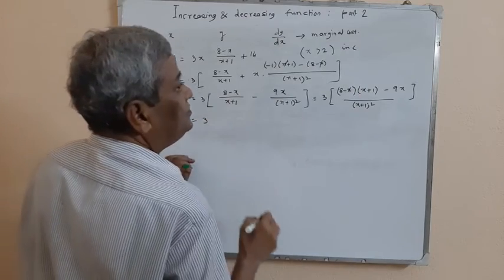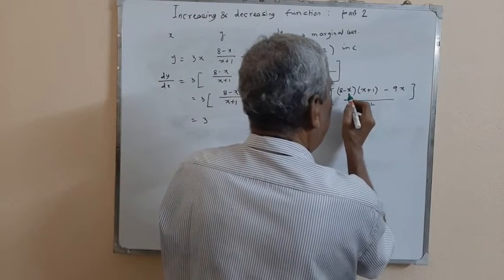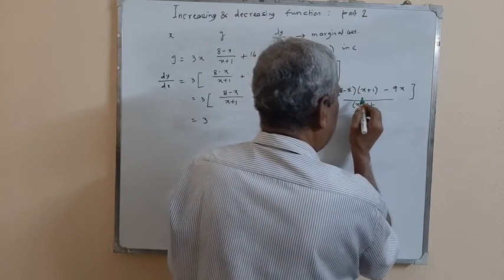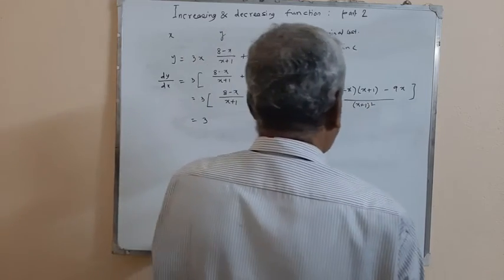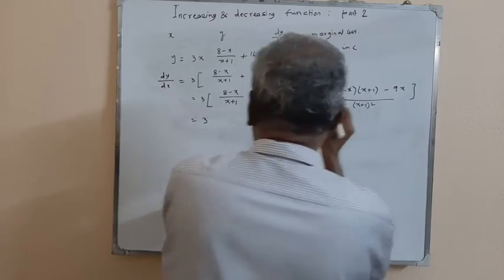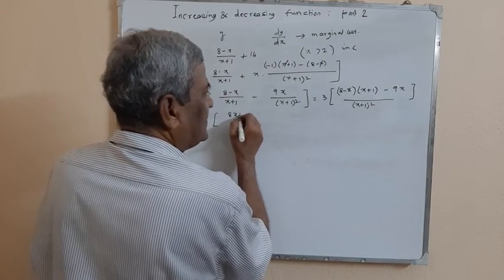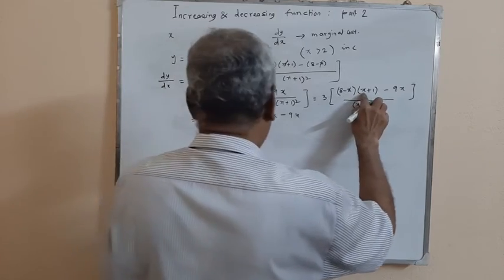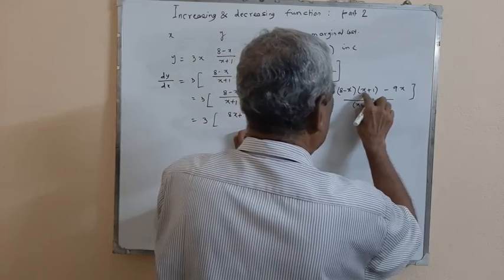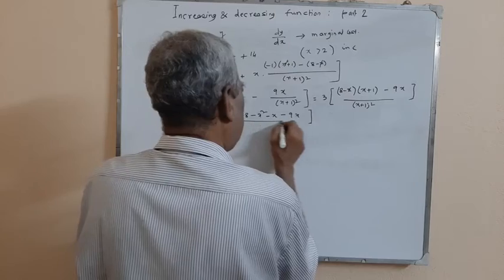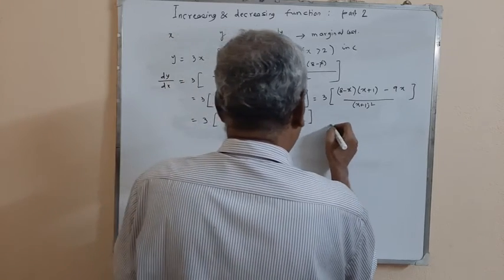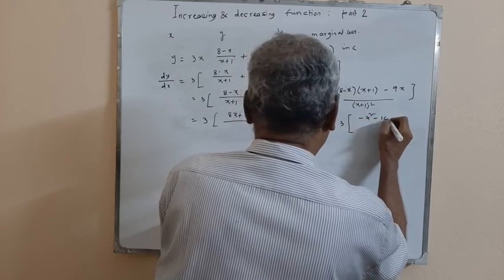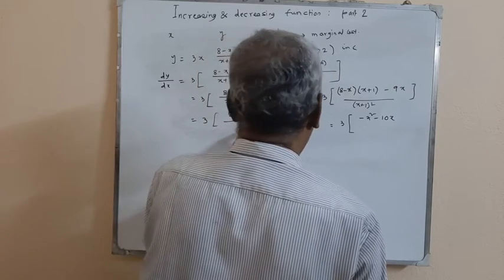It is equal to 3 into: 8x plus 8 minus x square minus x minus 9x, divided by x plus 1 whole square, which is equal to 3 into: minus x square minus 10x plus 8.